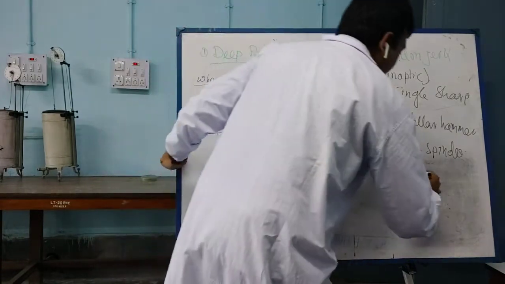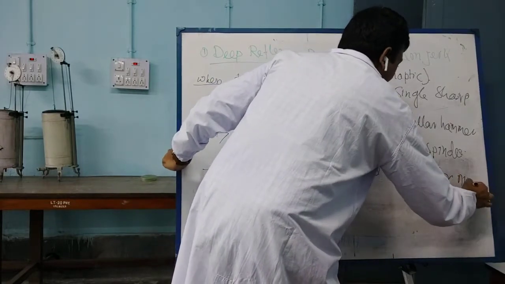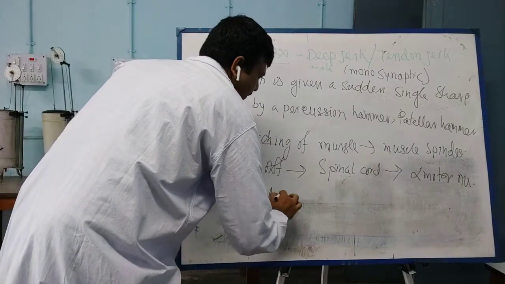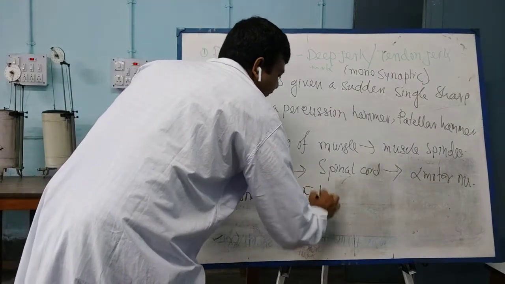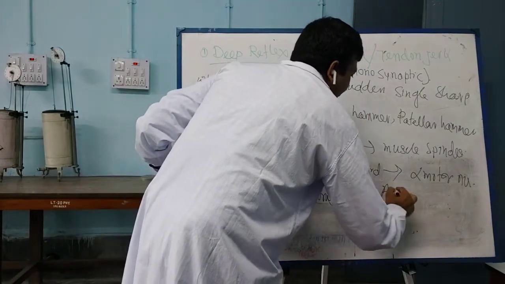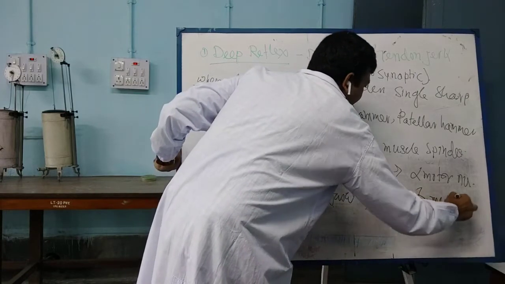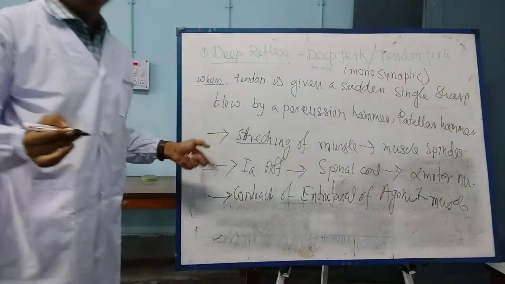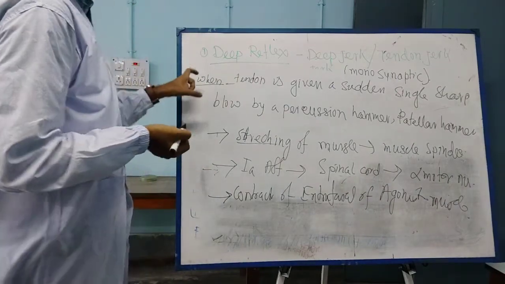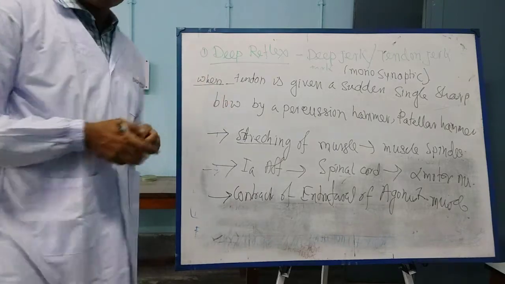Efferent impulse goes through alpha motor neuron that causes contraction of the extrafusal fiber of the agonist muscle. At the same time, the antagonist muscle will relax by reciprocal innervation. That's why it is known as deep tendon jerk.